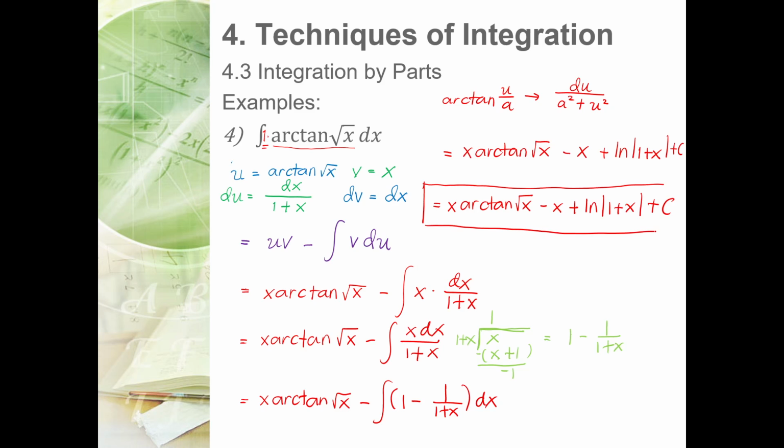If you're wondering why I got ln 1 plus x, that's from years of experience. If you want to go very basic, you can use the substitution technique. Let u be 1 plus x here, then du is equal to dx.